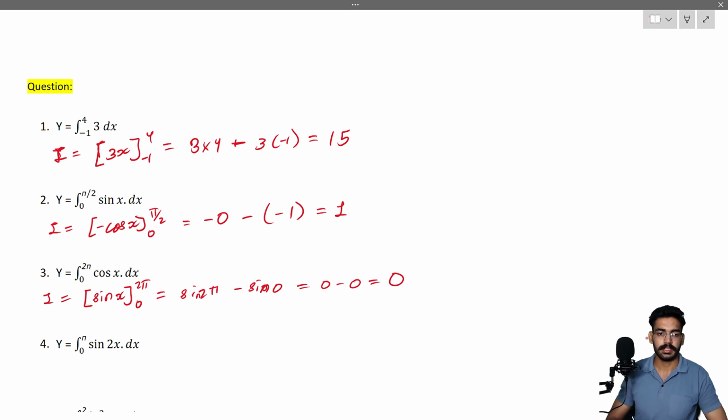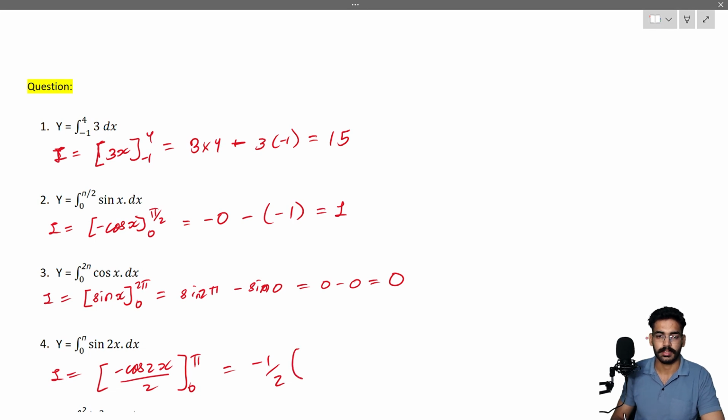And after that, integration of sine 2x dx. In indefinite integration we have calculated this: the integration of sine 2x is minus cos 2x divided by 2, from 0 to pi. If you put the values, what do you get? Minus 1 by 2 you can take outside, that's your choice.